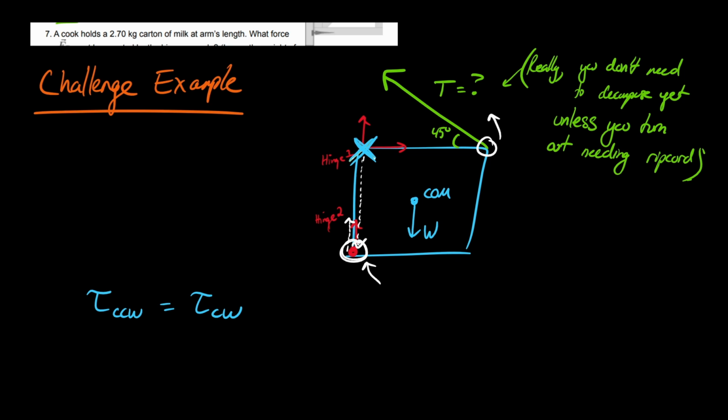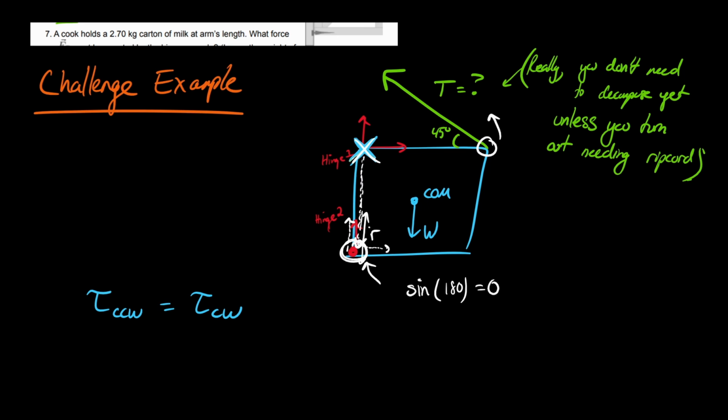And again, the reason is that for this guy, R is the arrow from the X to where the force is pushing. Normally, you need a force arrow to be perpendicular to that to have torque. If the arrow is in the same direction or opposite direction as R, you have sine of theta is sine of 180, which is 0.